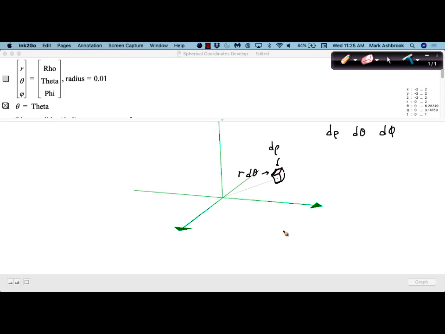So the last one relates to what? This here relates to d phi. So let me try this. This is the angle phi, we said, right?